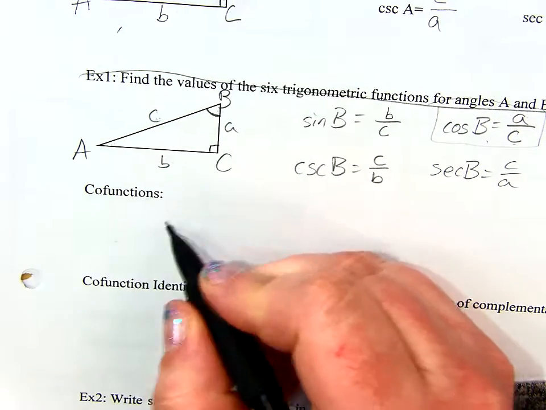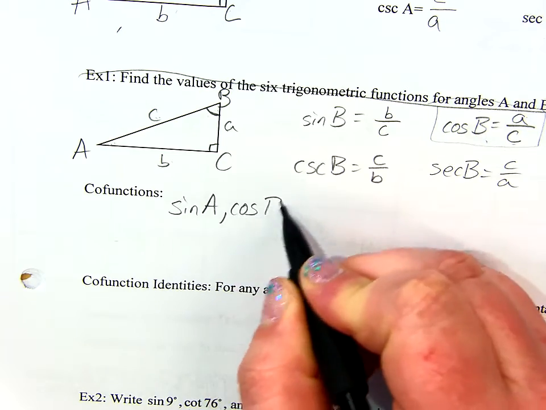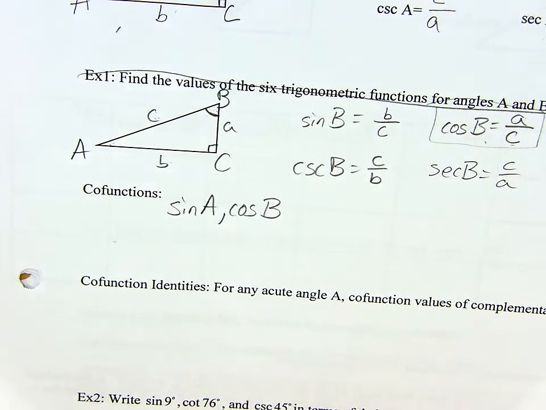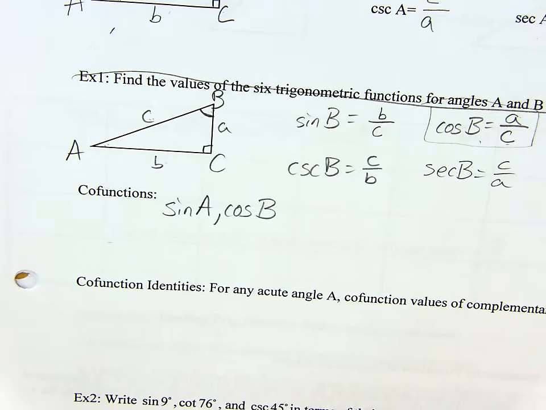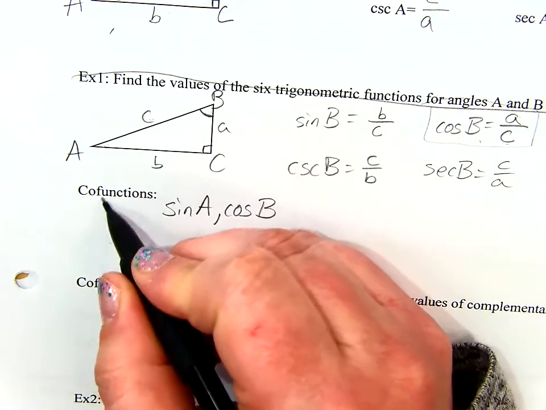Okay, so sine of A and cosine of B are always going to be the same as each other. So they are referred to as cofunctions. So maybe we could write that out.